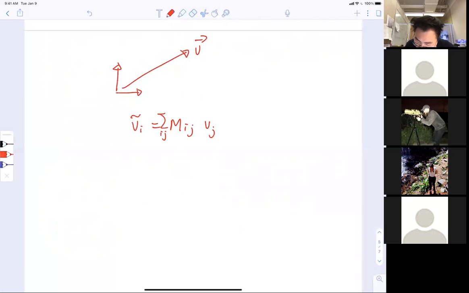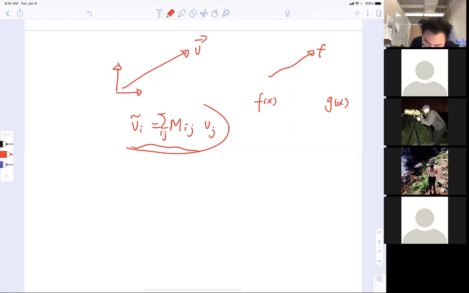Similarly, I have a function. You should think of it as more abstract, some function f. You can express it in the x basis, and you can also express it in the alpha basis. Similar to what we have here, we have some d alpha.